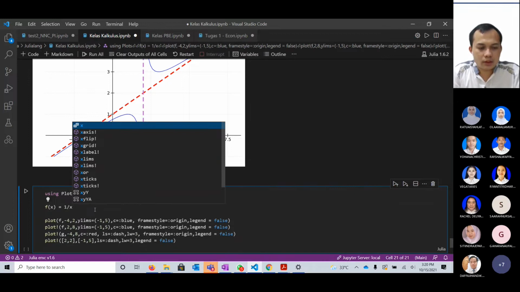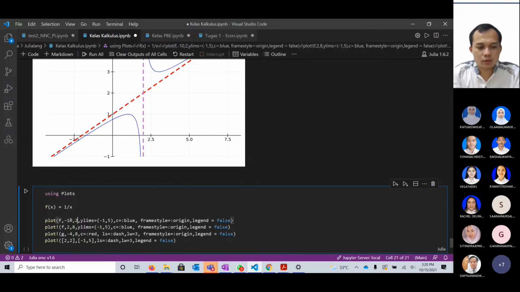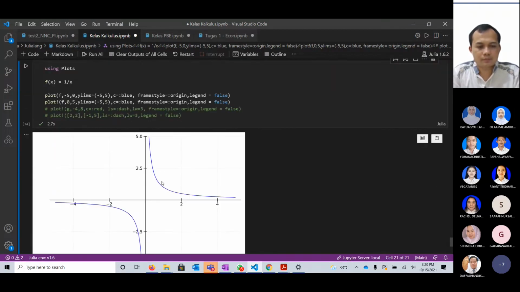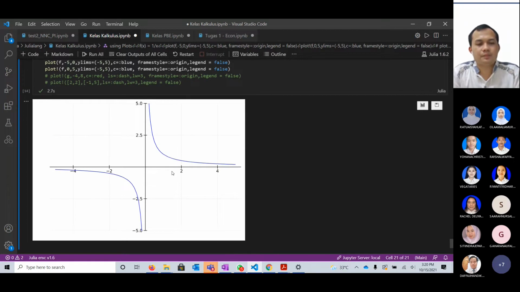Then now we try to plot from, let's say, minus 10 to minus 5, to 0 and from 0 to 5, y limits is only minus 5 to 5. Here is the plot of 1 over x. The plot will look like this.